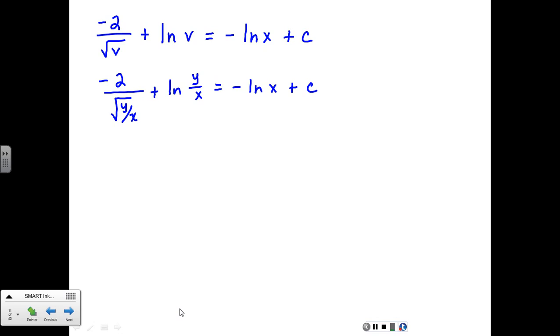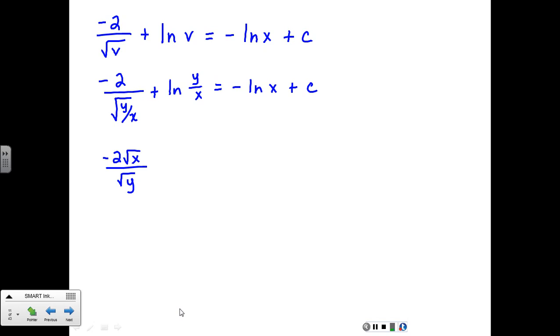Who remembers from algebra days, if you have the square root of a fraction, that means the square root of the numerator over the square root of the denominator. So I have a complex fraction going right here. We can flip this one, right? So it's going to be negative 2 square root of x over the square root of y. But don't worry about any of that rationalizing the denominator stuff. This will be negative 2 square roots of x over the square root of y.